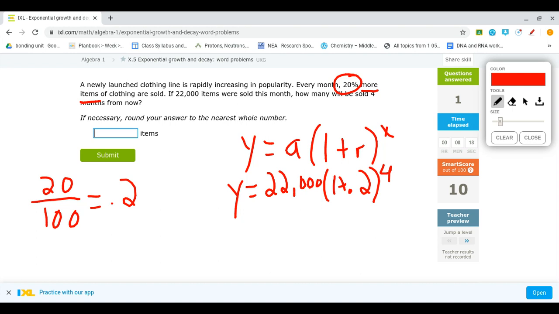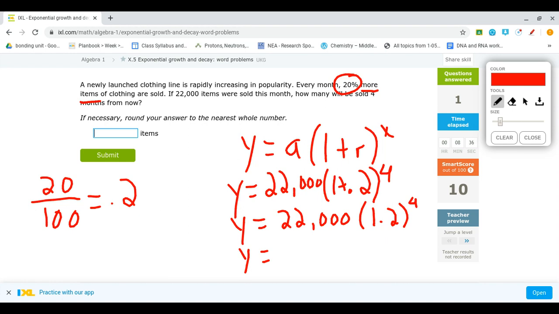Again, if you wanted to, you could go right to your calculator. Sometimes people like to simplify what's in the parentheses first. 1 plus 0.2 is 1.2 raised to the fourth.